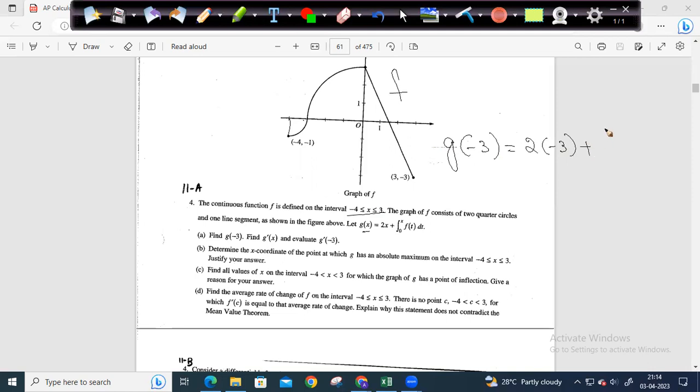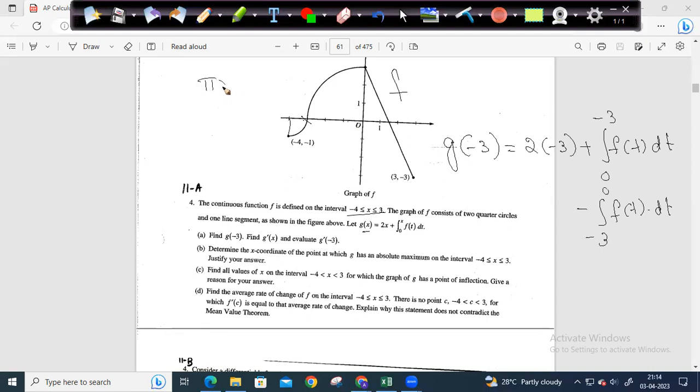So g of -3 is 2 into -3 plus integral of 0 to -3 f of t dt. I'm writing 0 to -3 as minus integral of -3 to 0, lower limit down and upper limit up. What is the meaning of -3 to 0 f of t dt? Integral is area under the curve. So -3 to 0 is a quarter circle with radius 3.